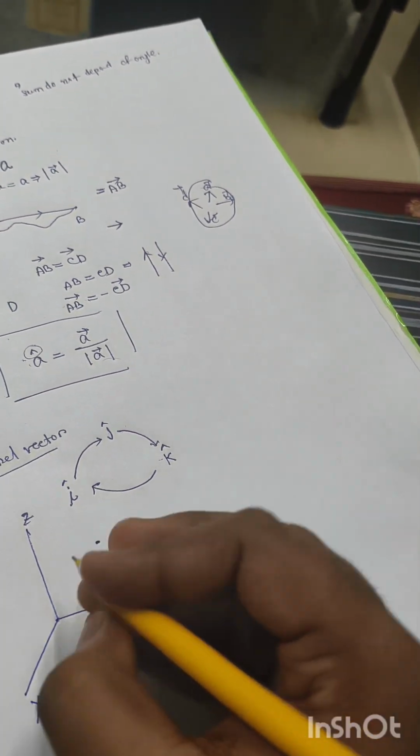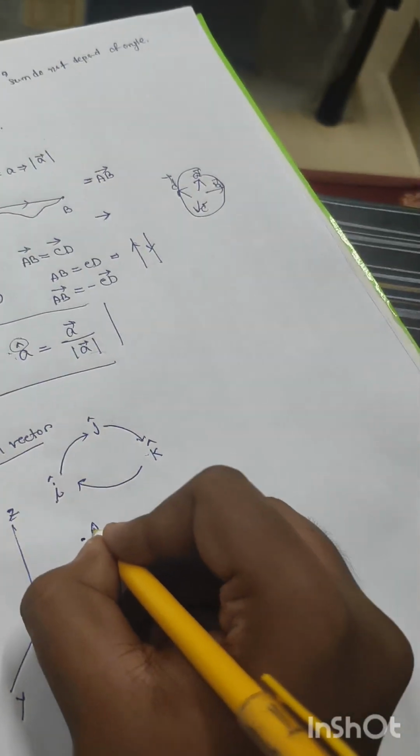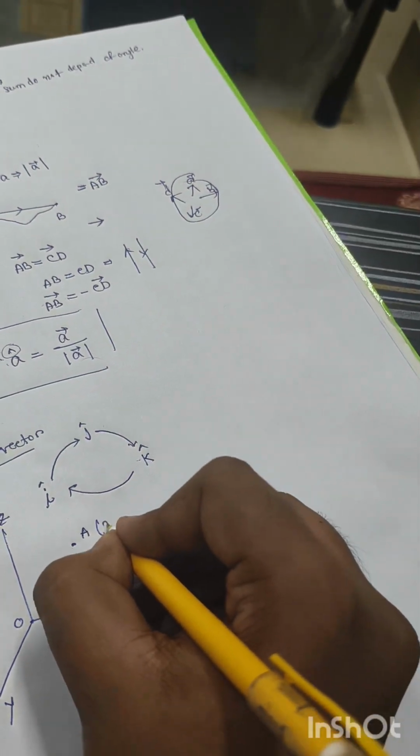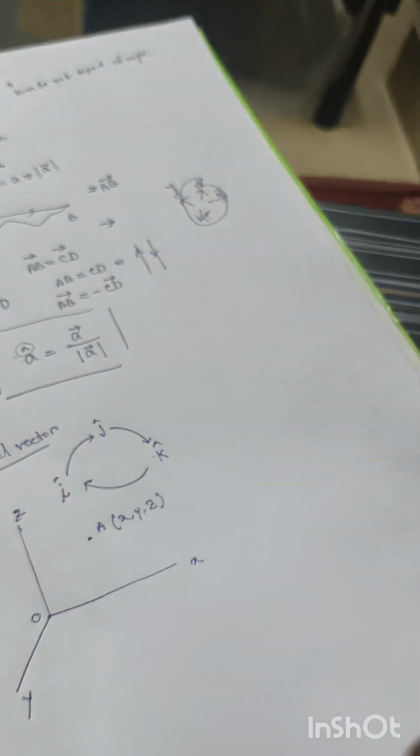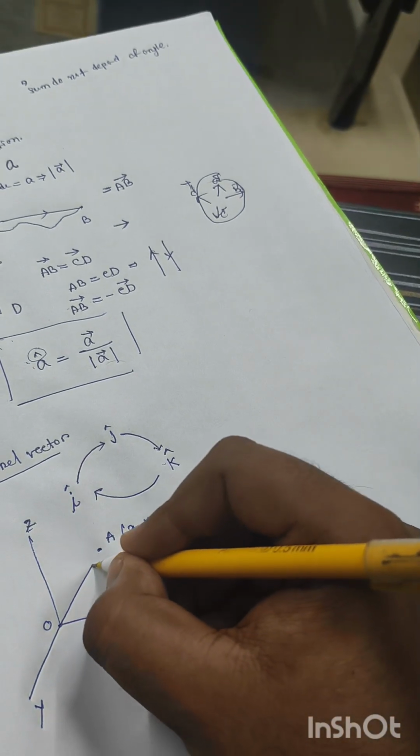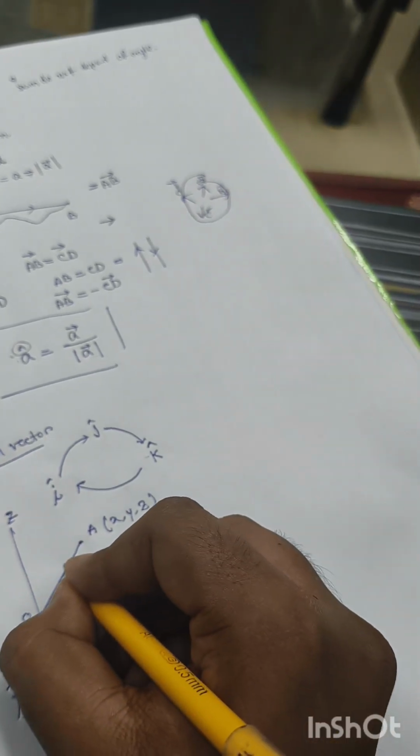Suppose we take a point A that has coordinates x, y and z. Now the positional vector is from the origin to the point.